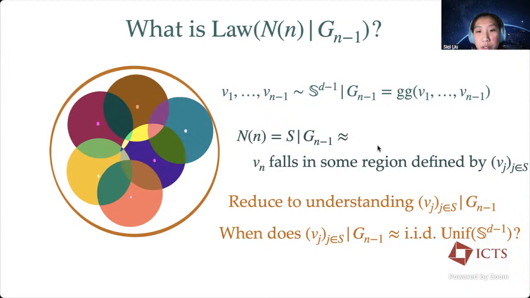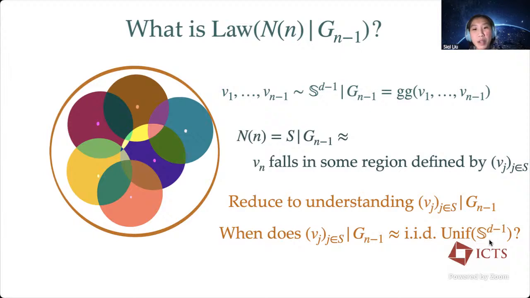Okay, so here we established that to understand the probability of the neighborhood being equal to S, it boils down to understanding, conditioned on this random geometric graph over the first n-1 vertices, the vectors' joint distribution of Vj for j in S. And the real hope is that, in order for the neighborhood of n to follow this binomial distribution, we would want the Vj's to be distributed uniformly and independently over the unit sphere.